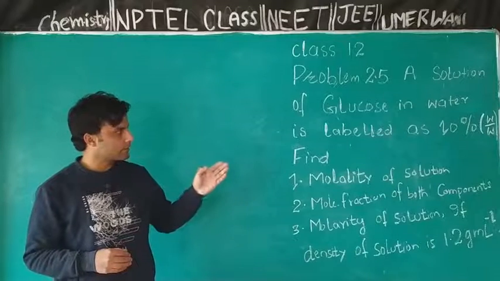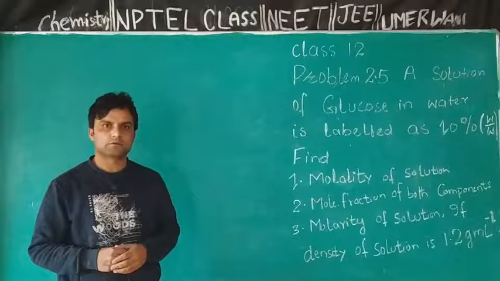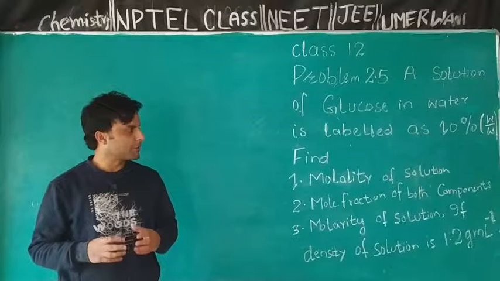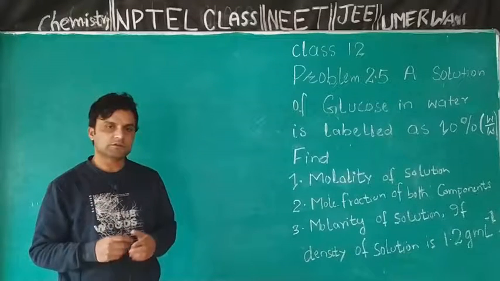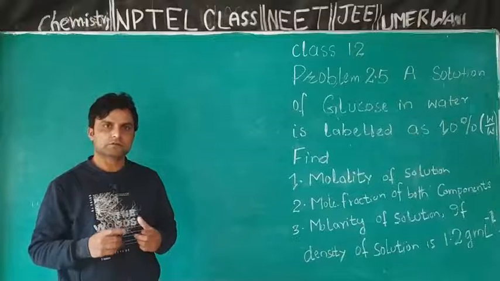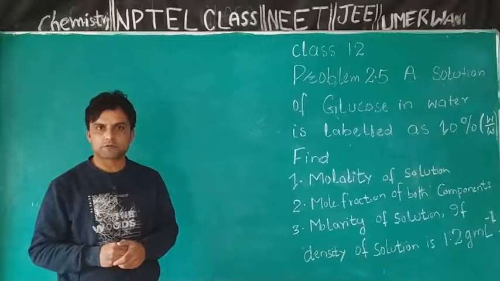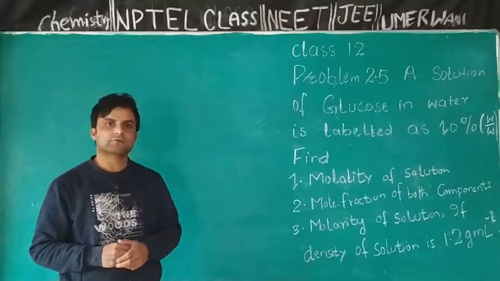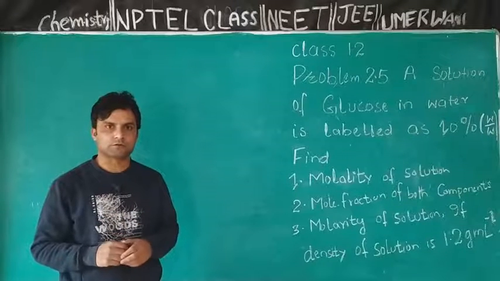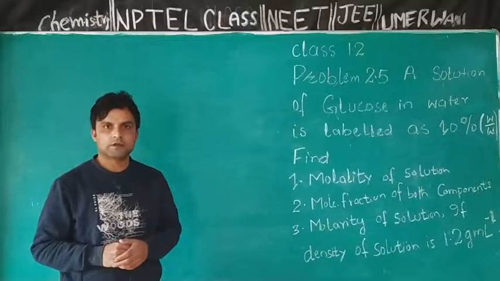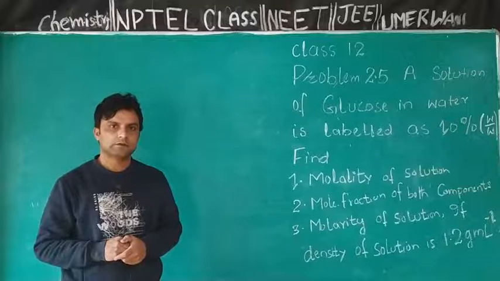From these, the parameters known to me are: mass of solute, which is 10 grams, mass of solvent, which is 90 grams, and total mass of solution, which is 100 grams, because the mass percentage is 10%, which means 10 grams of solute glucose are present in 100 grams of solution. So mass of solvent water is 90 gram, and total mass of solution is 100 gram.